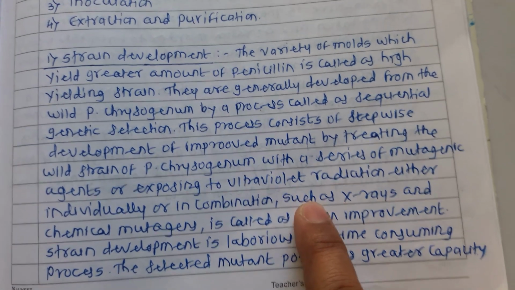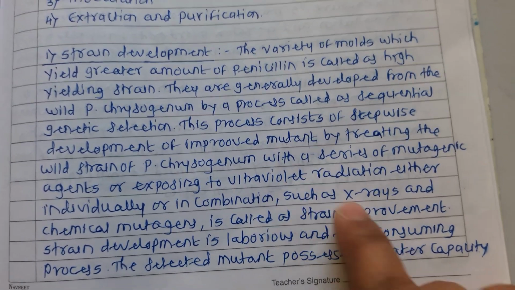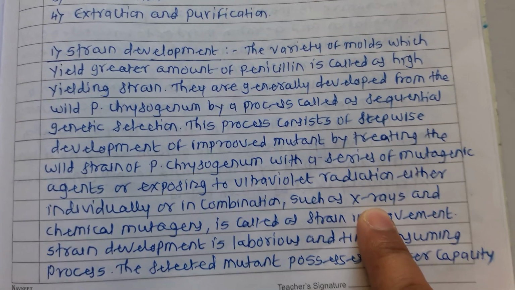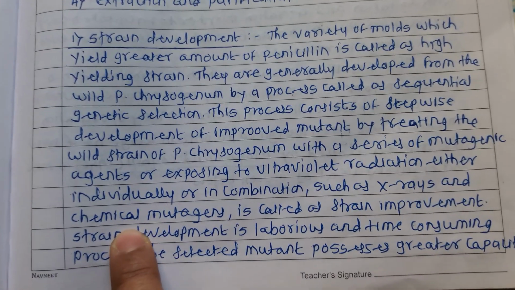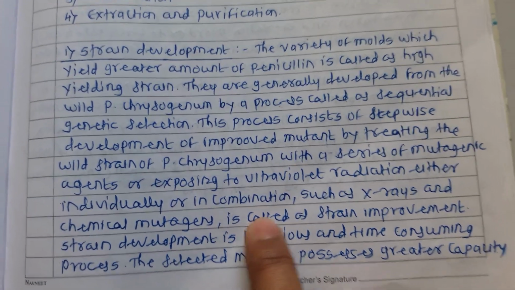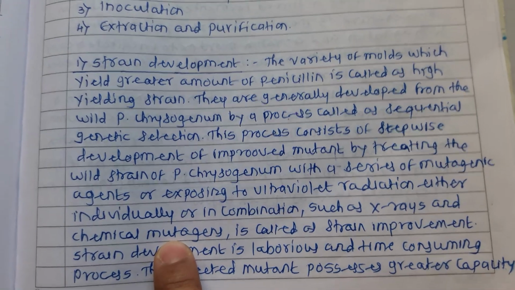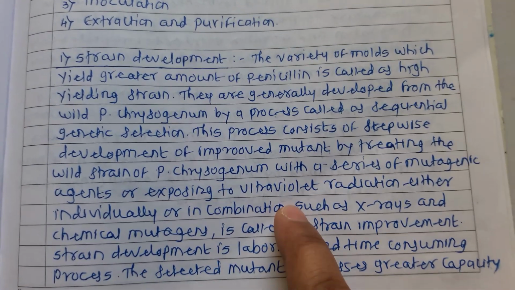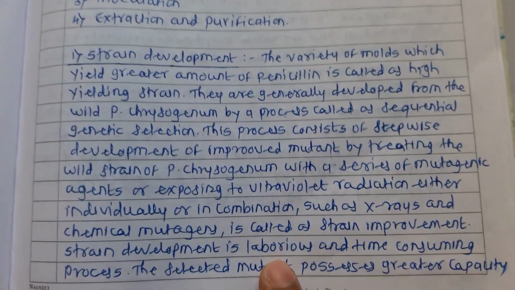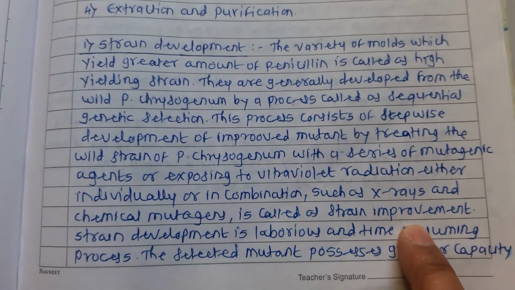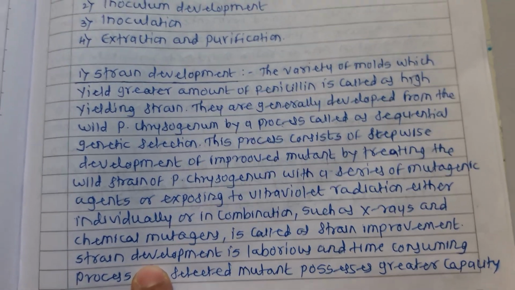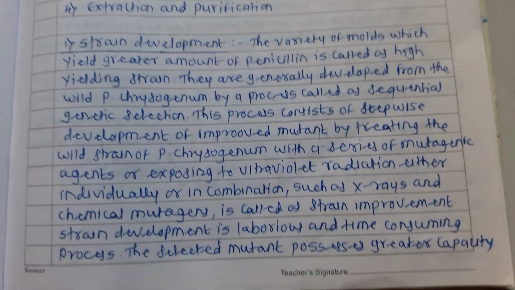Here the genome is changed by exposing the fungi to X-rays or chemical mutagens. These X-rays or chemical mutagens change the genome of the fungus, and this is the strain improvement or strain development. This is the first point, strain development.